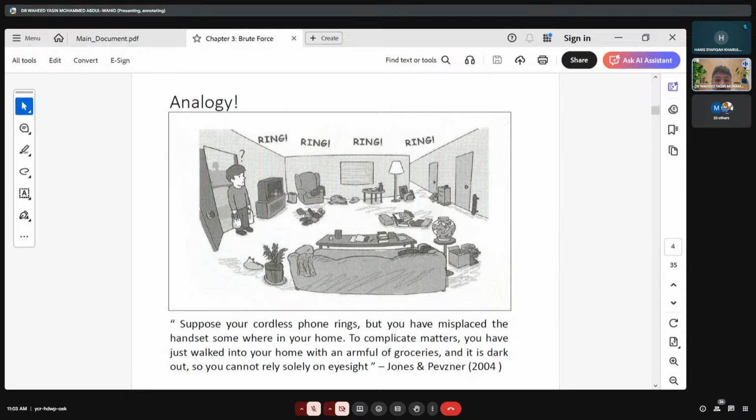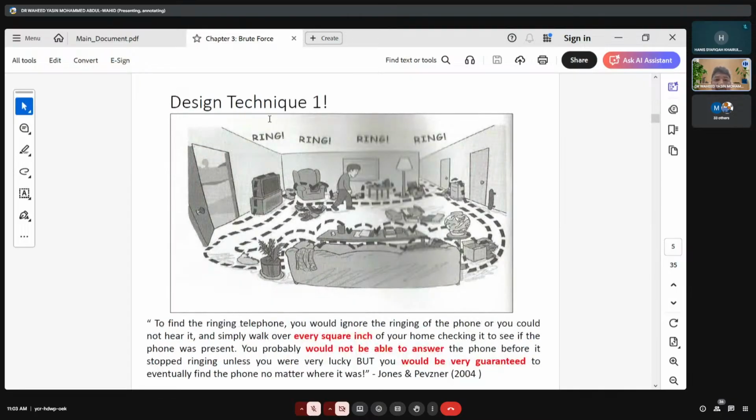Now you are hearing the phone, but you don't know where it is. This is the problem. Design technique one.